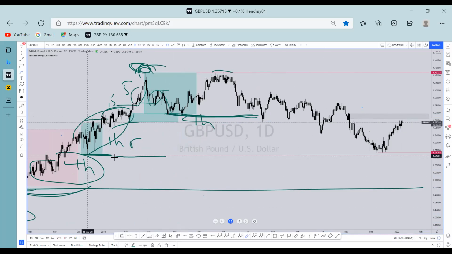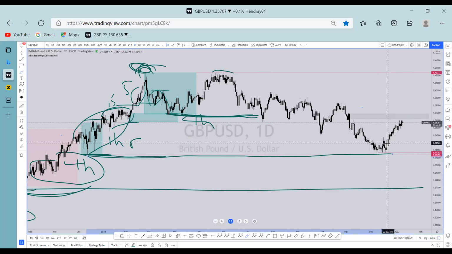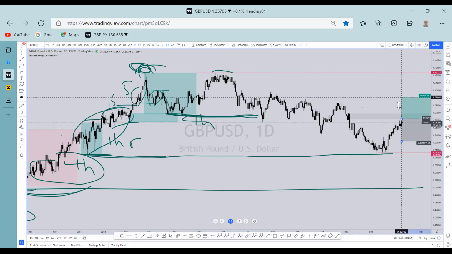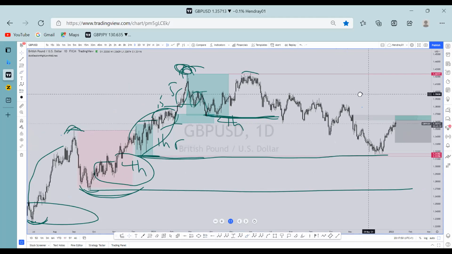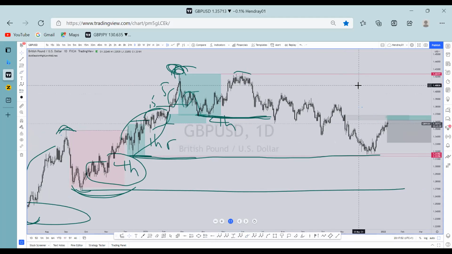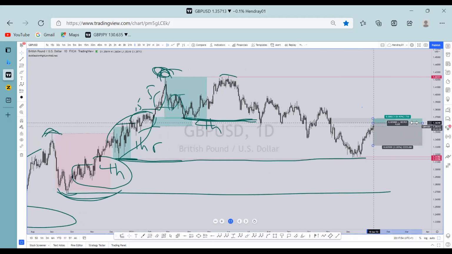So once we break this 1-hour low here, which price is still reacting to, let's say price sold from this area I marked, or maybe price goes to the extreme, which is likely. I'm actually looking at the extreme for the bigger sell, but price can use this internal structure to create a lower low.